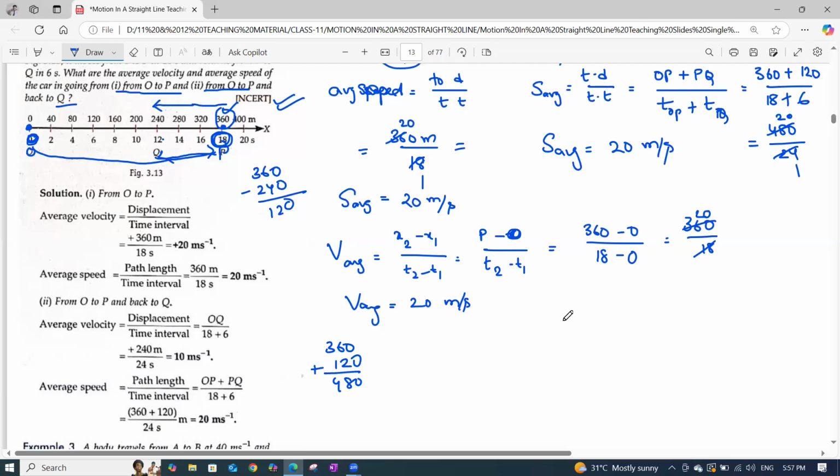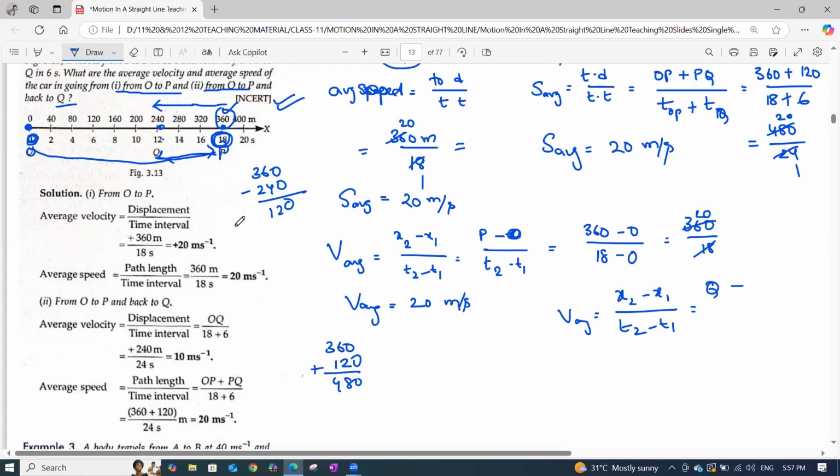Now, what is V average in the second condition? V average is the same: X2 minus X1 upon T2 minus T1. The body started at O, went to P, and again came to Q. What is the final point? Q is the final point in this condition.